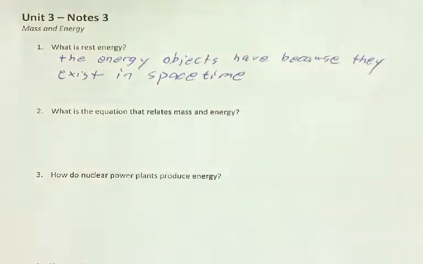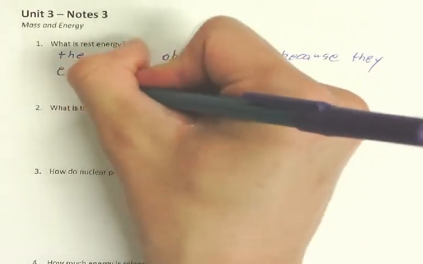Because objects exist in space-time, they have something called rest energy. And it has to do with an object's mass.